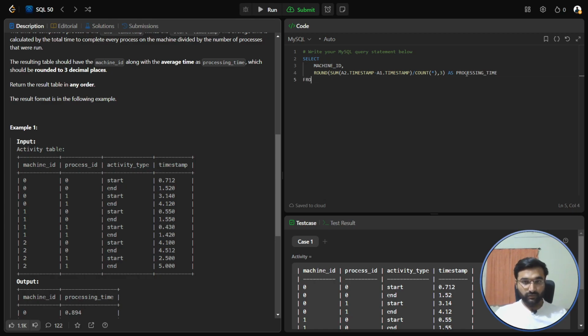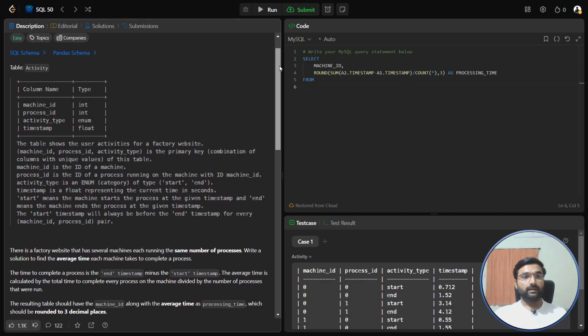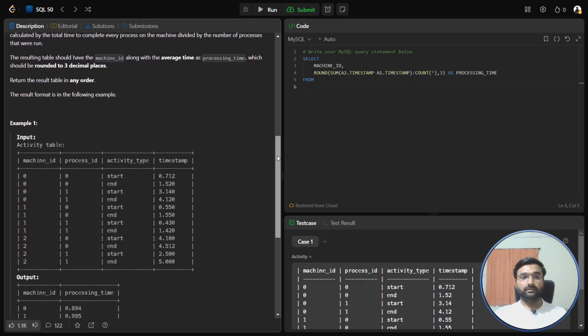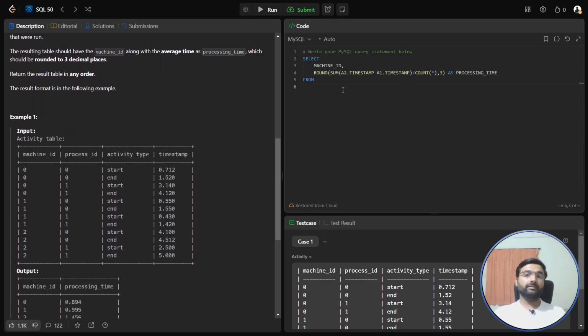From, here comes the interesting part. From, we have only one table, activity, but I am taking it twice because of the difference which I am calculating. From activity A1, inner join.